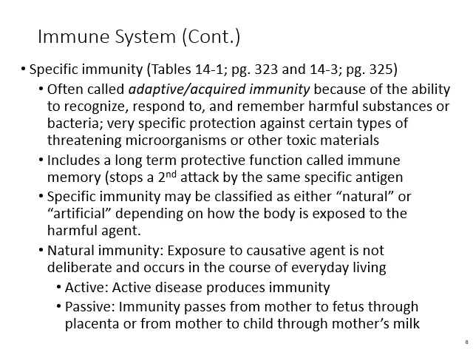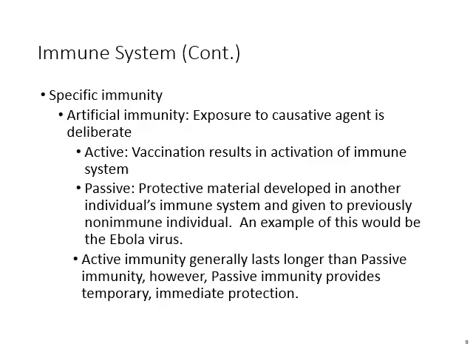Okay, so let's go on to the next one about specific immunity. Specific immunity can be artificial immunity or passive immunity. So artificial immunity would give you an exposure to a causative agent on purpose. It's deliberate. This is where your wonderful vaccines that you had for your child all through your childhood, that is active immunity. You went out and you had your vaccinations.